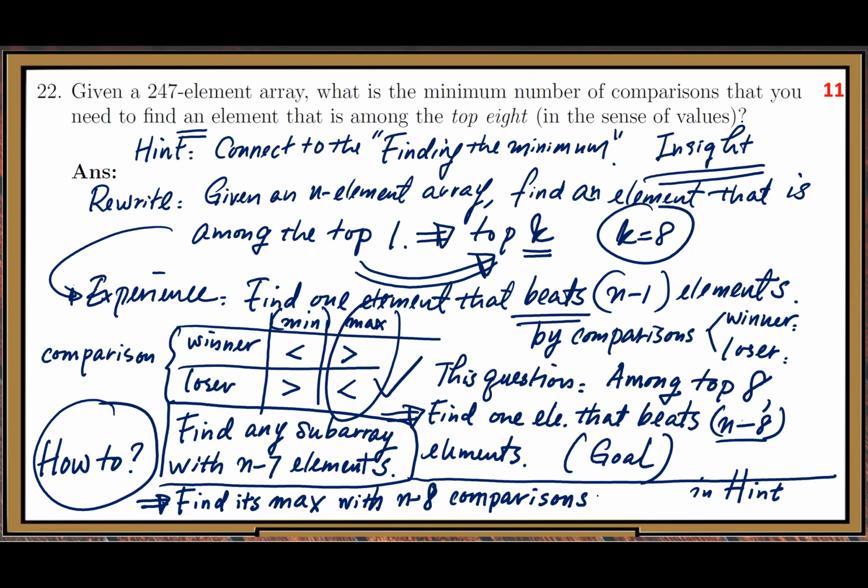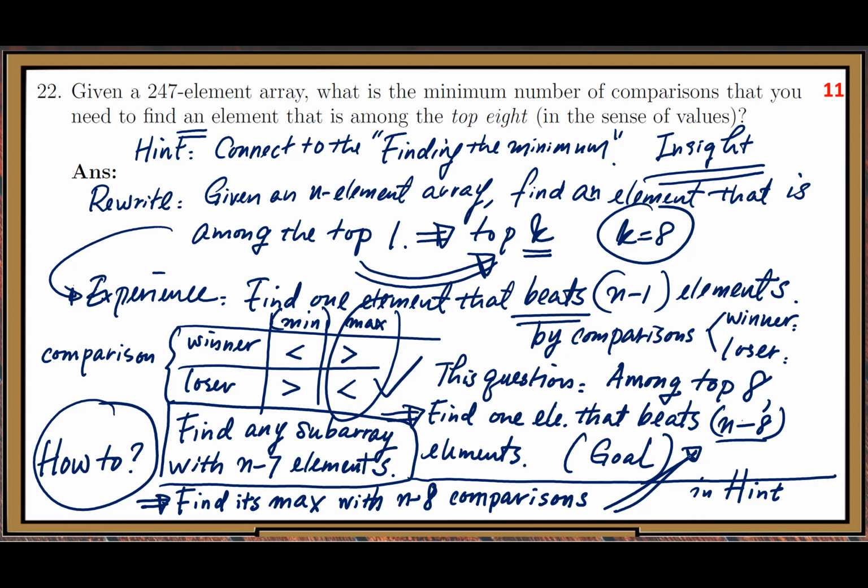Because with these n-8 comparisons, we can do the same thing as in our goal, right? Because with these many comparisons, we beat these many elements.